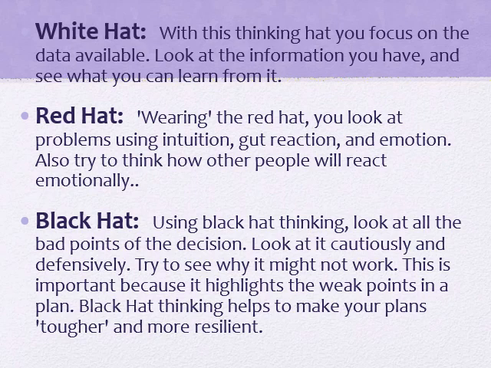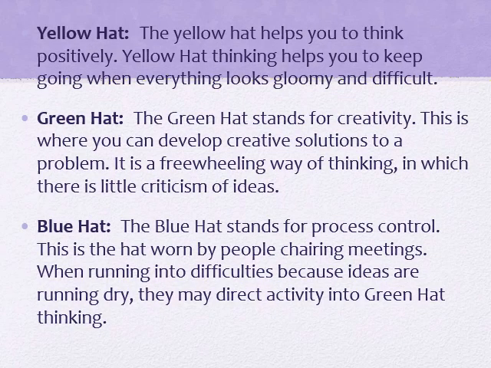Then the black hat, look at all the bad points of the decision. Look at it very cautiously and defensively. Try to see why something may not work. This is important because it makes your plan stronger and more resilient when you're ironing out all the bad and weak points. Then you have the yellow hat, which helps you think positively, helps you keep going when everything looks gloomy and difficult.